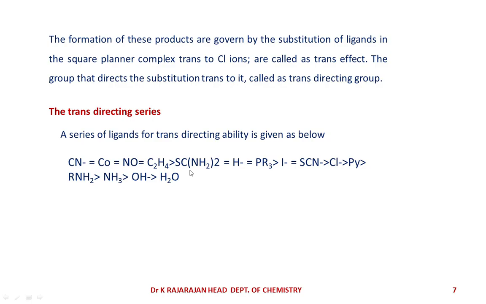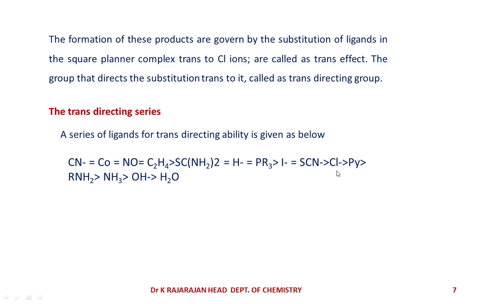The thiocyanate, hydride ion, and the substituted phosphine are the ligands in the next category of equal trans effect. So these groups have greater trans effect than iodide, thiocyanate, chloride.